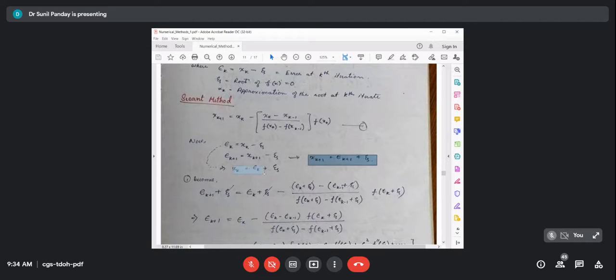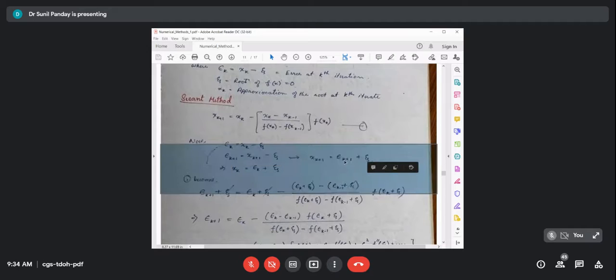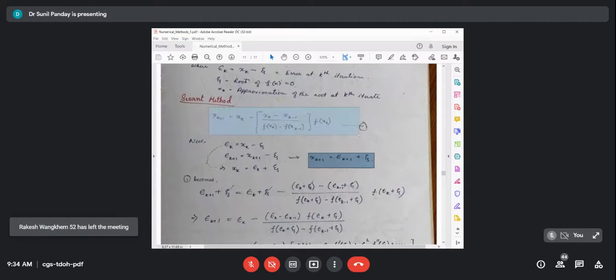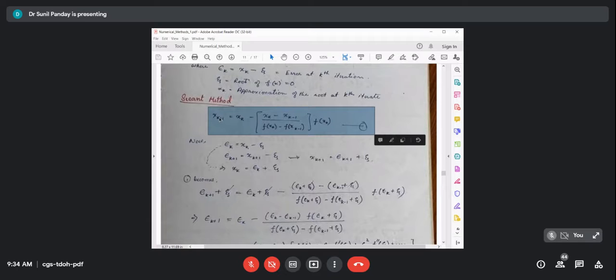Similarly, we can do it with xk also. Now these xk and xk plus 1 we will substitute in this method. Because here we have xk plus 1 on the left, and xk plus 1 is like this one.